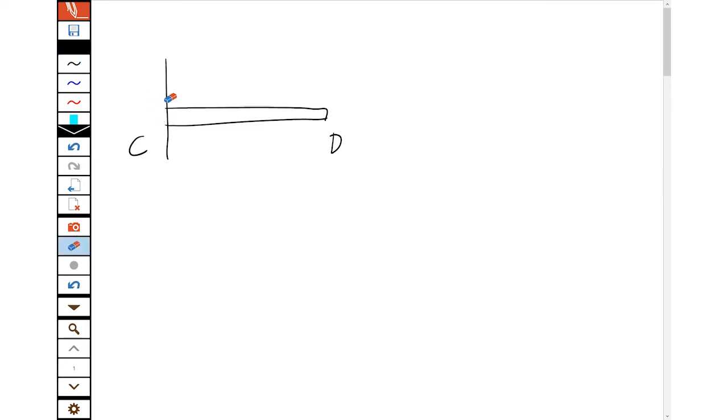So what reactions does it have? Well, the beam can't move left or right, so there must be a horizontal reaction at C stopping it from moving. It can't move up or down, so there's a vertical reaction at C stopping it from moving.